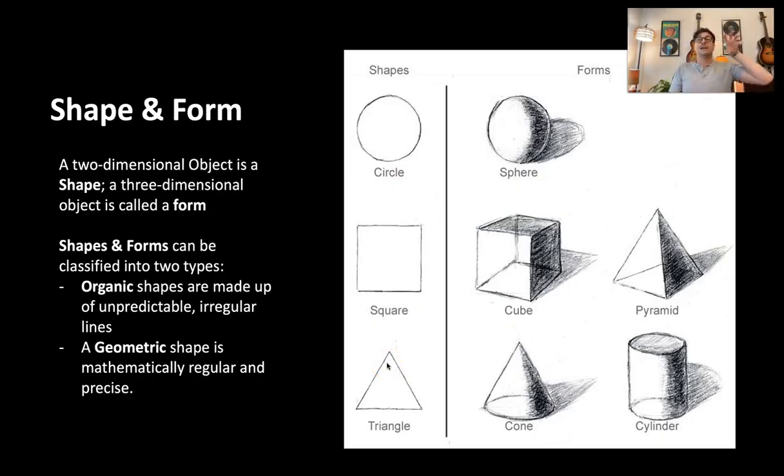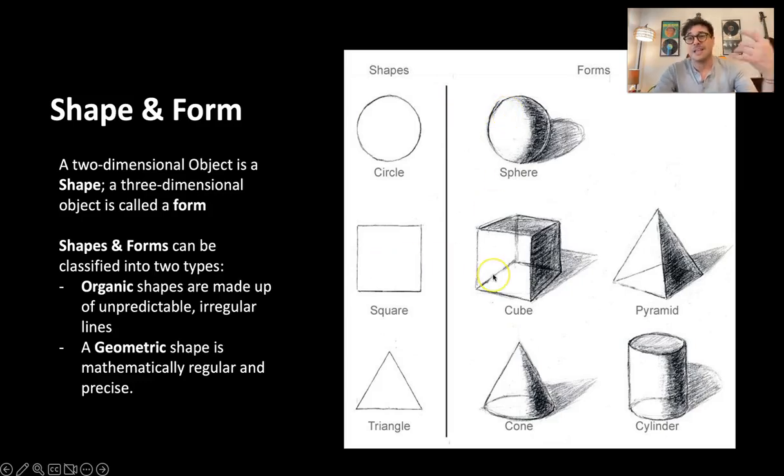The only way to make a shape into a form is by adding dimension, by adding depth. And the only way that we can do that is by adding shadows or value, okay? And once we start adding value or depth to a shape, then we get a form, because then a circle turns into a spherical form, right?